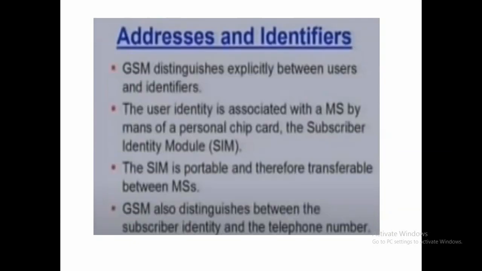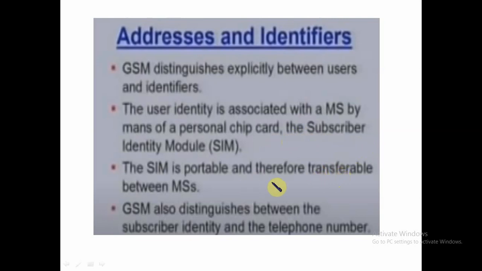So GSM distinguishes between users and equipment identifiers, that is addresses and identifiers. The user identity is associated with the mobile station by means of a personal chip, the subscriber identity module, that is the SIM, also called the SIM card.